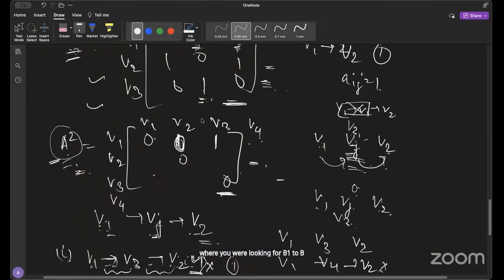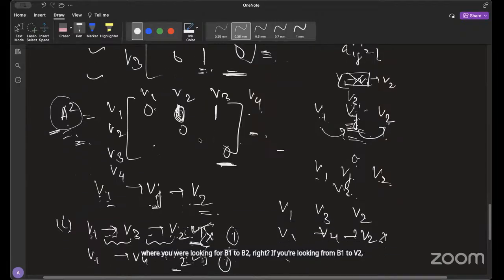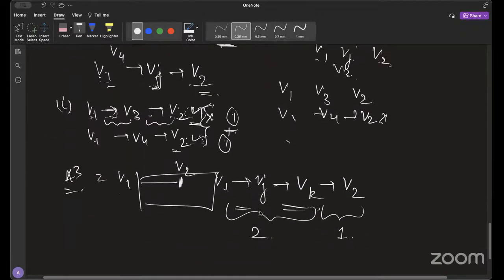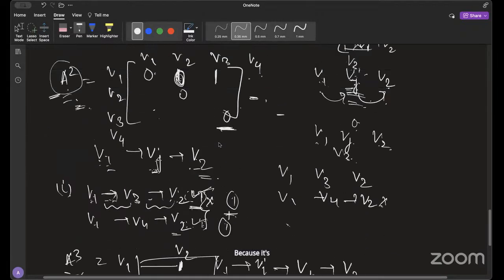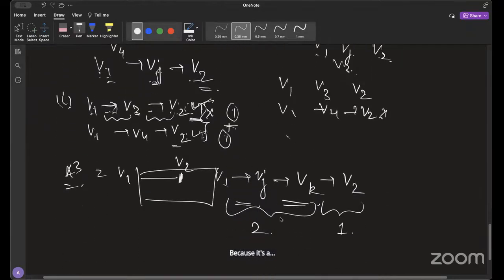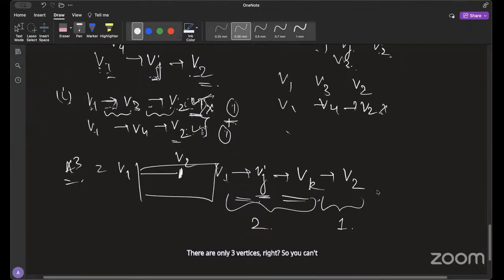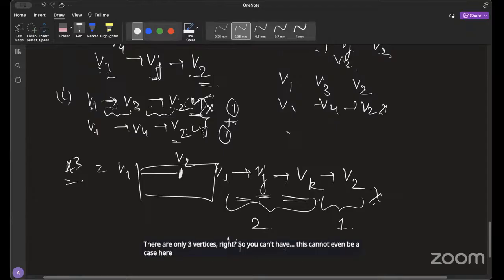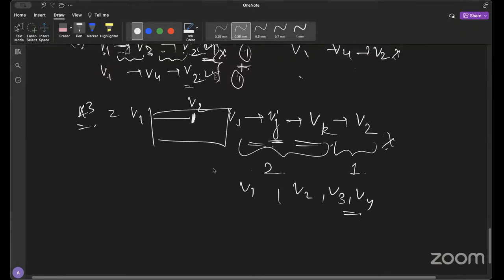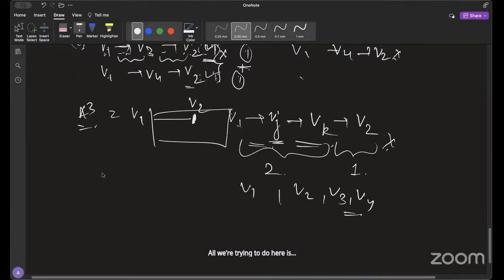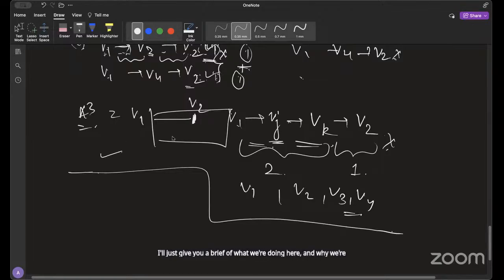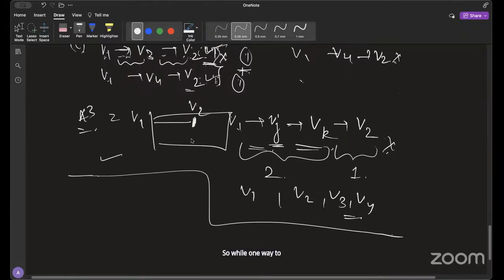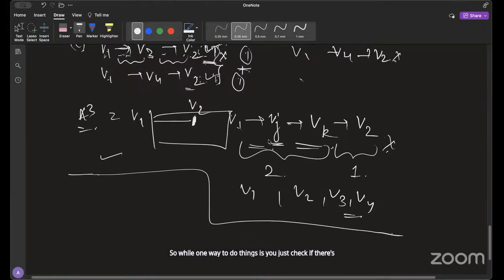If you're looking from v1 to v2, you can't have this thing here at all, because there are only 3 vertices. This cannot even be a case here. For this, you need at least 4 vertices in the graph. All we're trying to do here, and I'll just give you a brief of what we're doing and why, is check if there's a path from here to here or not.